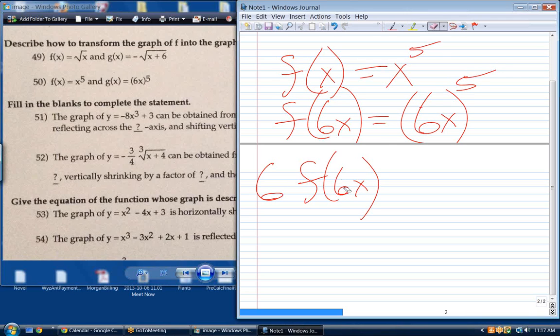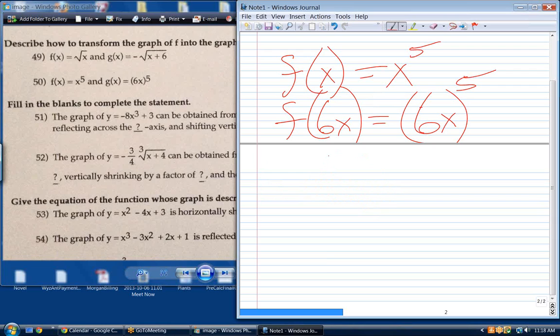We didn't do that. If this is inside the function, it represents a horizontal shrink if it's greater than 1. If it's outside the function, it represents a vertical stretch if it's greater than 1. In other words, let's talk about vertical stretches. They're a little easier to see.